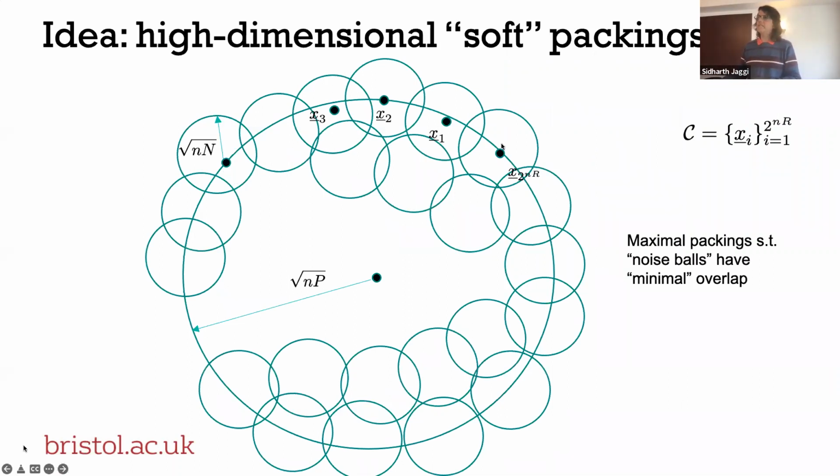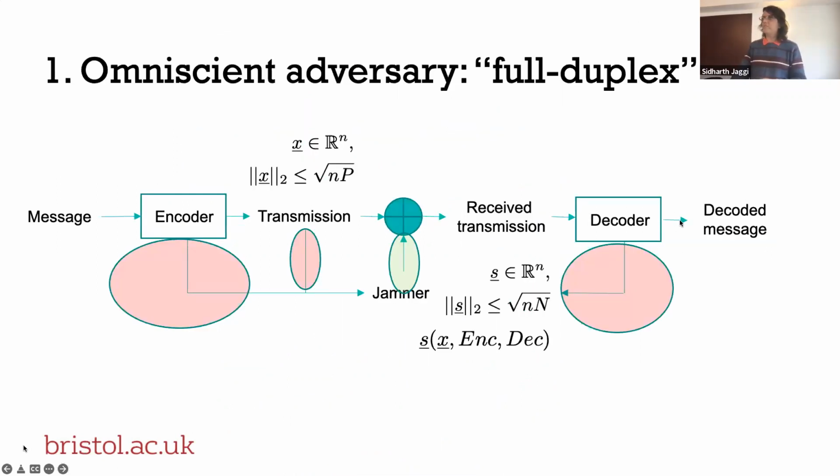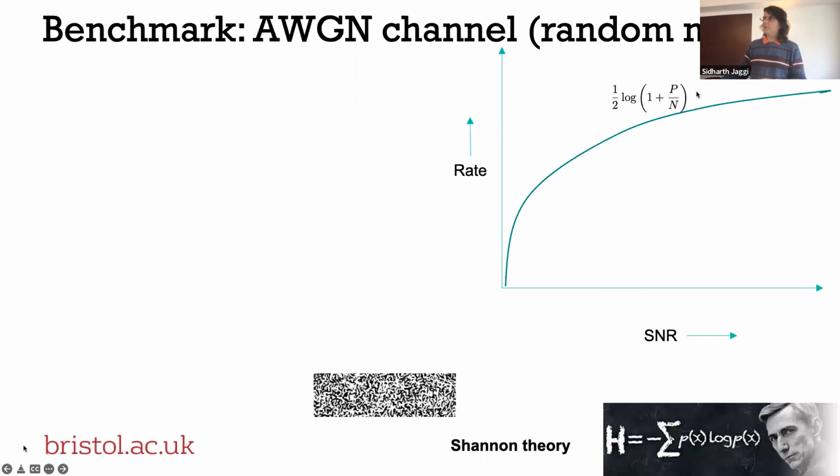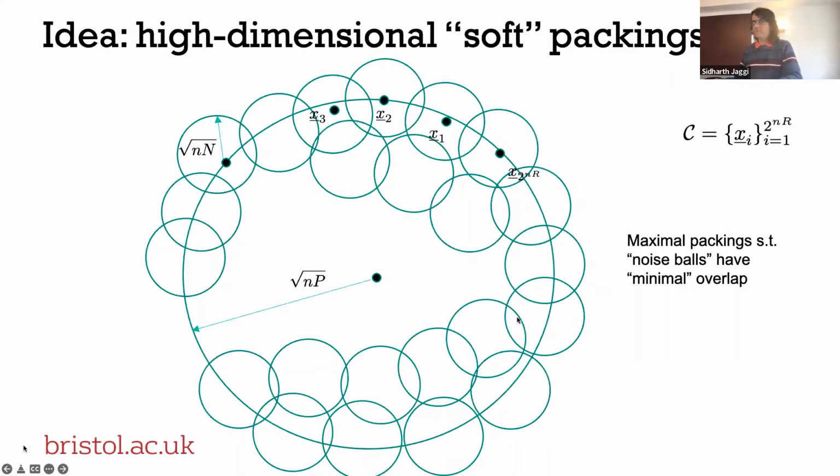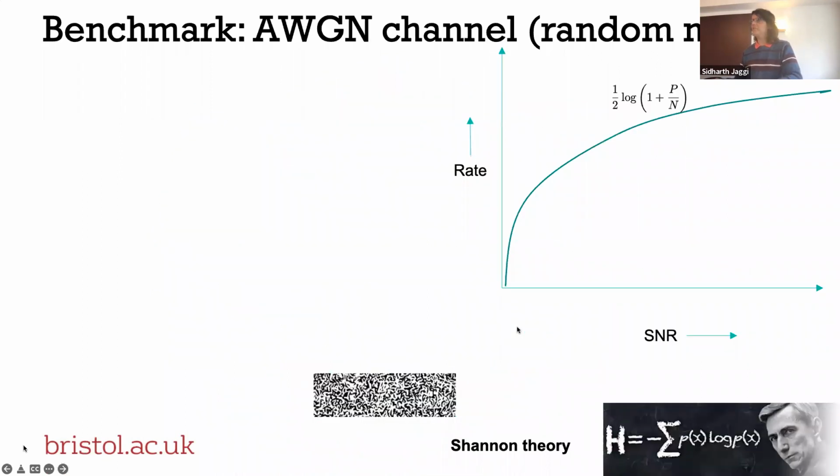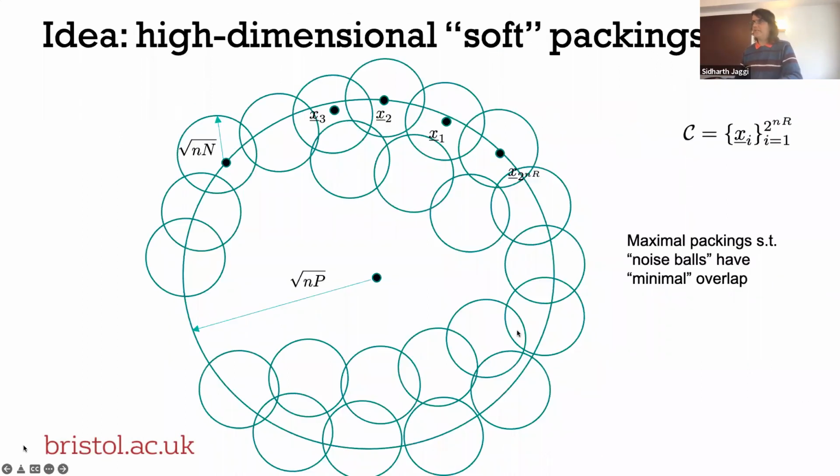You can have lots of these balls which have small overlap between them, and as long as you don't get too greedy, you don't try to transmit at more than this rate over here, you can reliably figure it out. If you try to transmit at too high a rate, then you'll get in trouble.